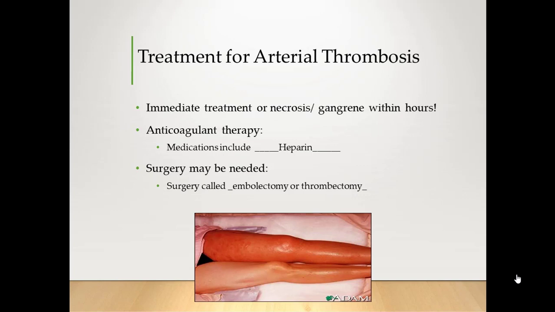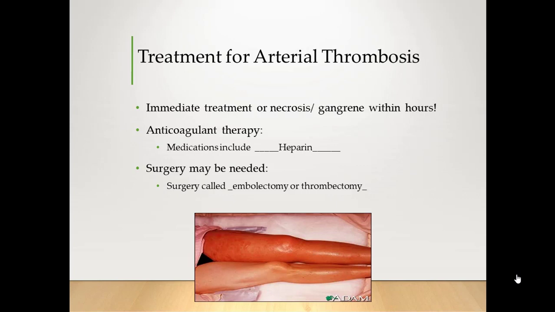Treatment for thrombosis, it needs to be treated right away. This picture is actually true to life of how it can actually look. So immediately we're going to get them on some type of anticoagulant: heparin, Lovenox, Coumadin, one of those newfangled ones.